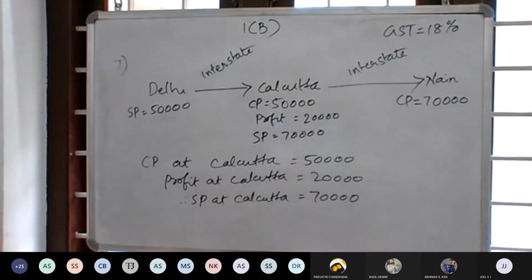Next step, what do we want to write? Calcutta to Nainital. GST we want to write. The transaction is from Calcutta to Nainital. I wrote only the name, Nainital.